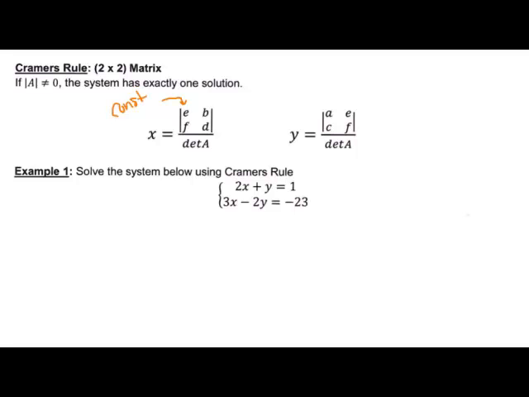So to find our x value, we put our constants first, and our second column consists of our y coefficients. Then to find y, we first write our x coefficients, and our second column is our constants. So we're using the opposite coefficients of what we are solving for. And then that's all divided by the determinant of A.